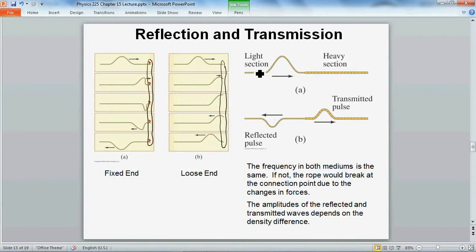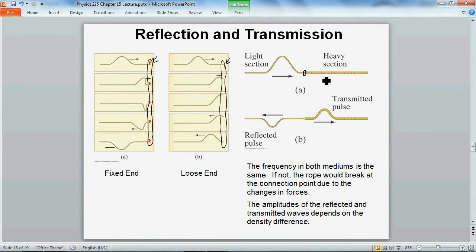Now you can have a chord with two different sections, and so you have an interface here, and at this interface you have a lighter section that connects to a heavier section. As the pulse travels to the right, it comes to this connection. The connection is neither fixed completely, nor is it really loose or free completely.